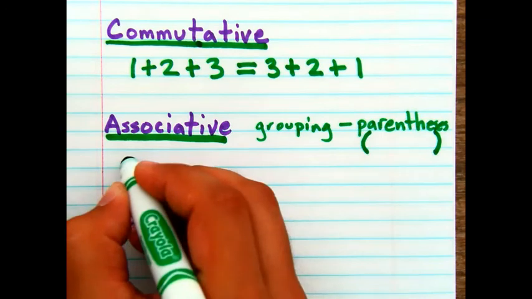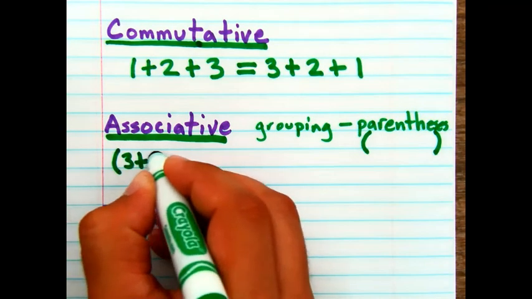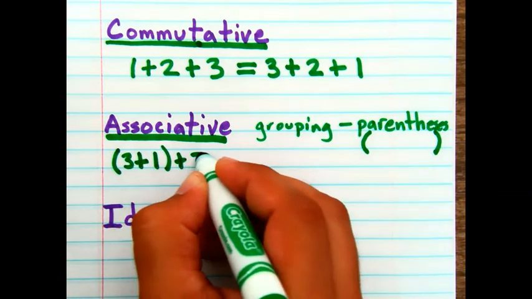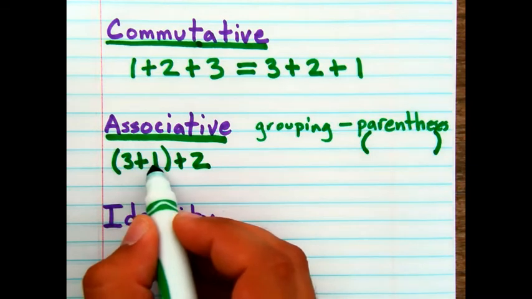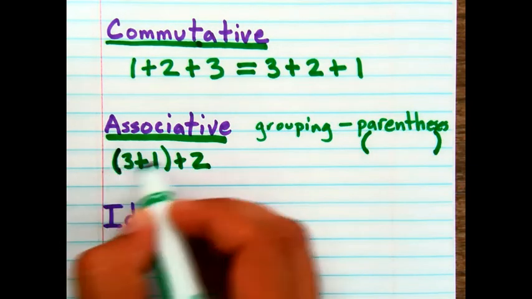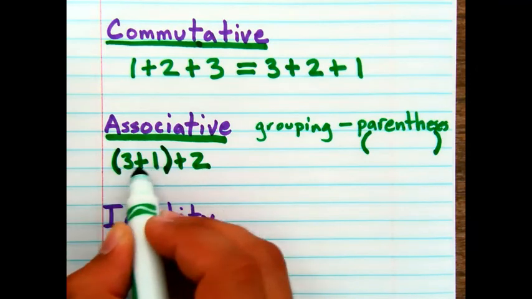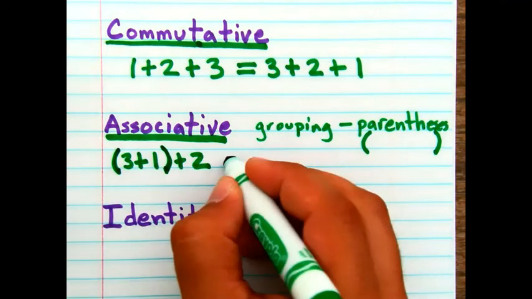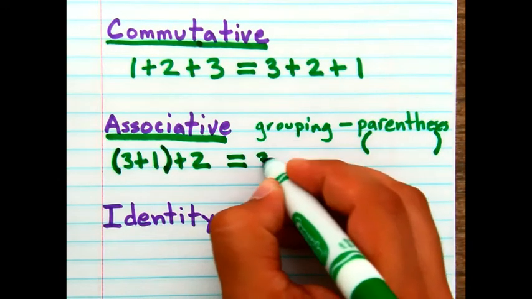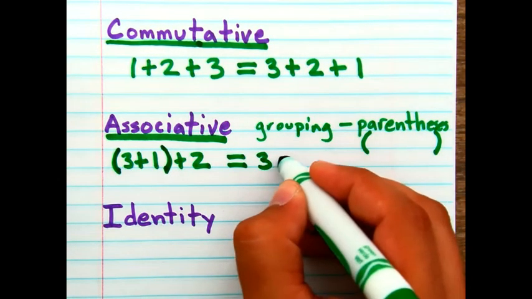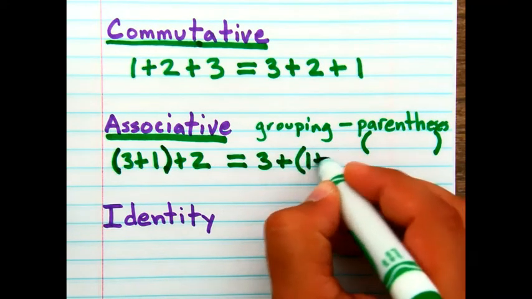If you have a math problem like 3 plus 1 plus 2, you're going to solve the 3 plus 1 first because they're in the parentheses. You want to whisper those first. 3 plus 1 is 4, plus 2 is going to be the same, even if you write it as 3 plus the sum of 1 plus 2.